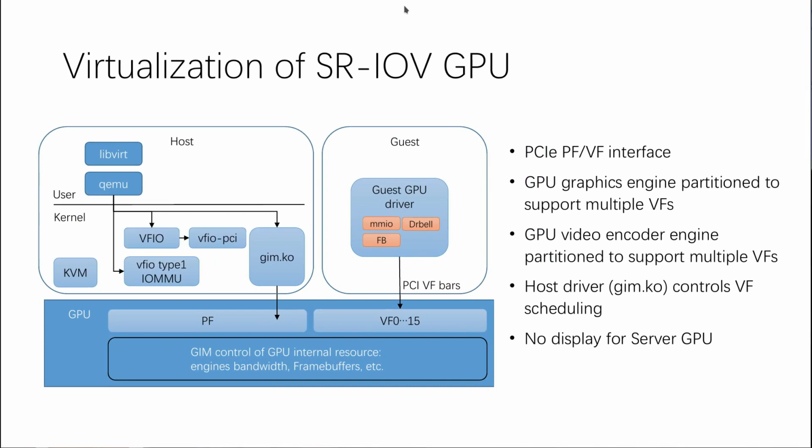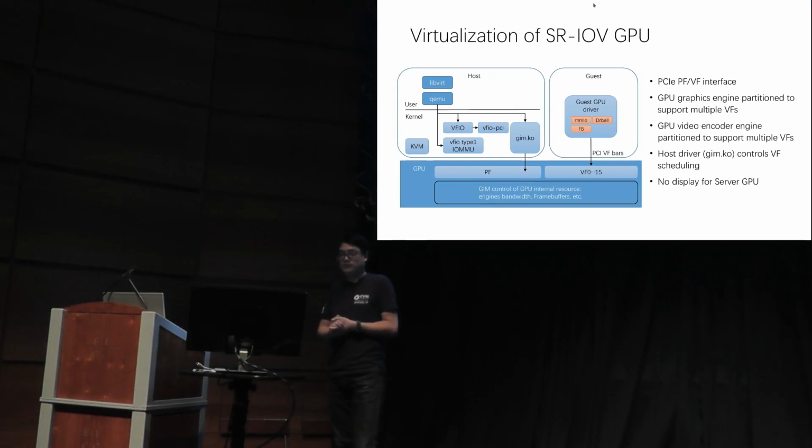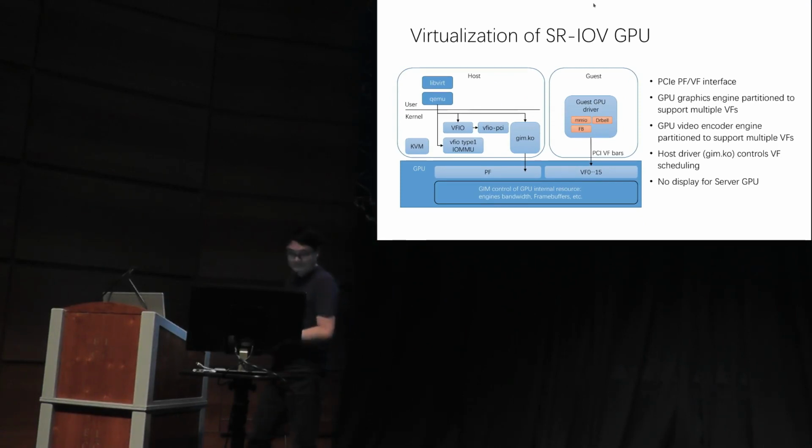Okay, let's take a closer look at SR-IOV GPU live migration. There is nothing fancy here from the QEMU point of view. On the host side, there is the VFIO PCI module, a VFIO base driver, a VFIO type 1 IOMMU driver, and also the KVM driver.